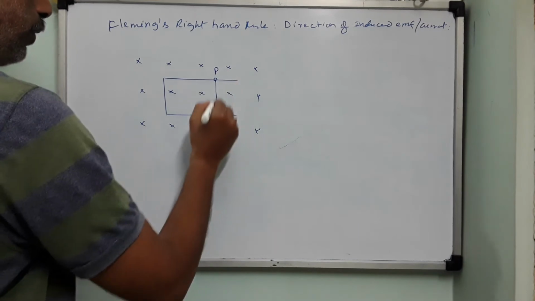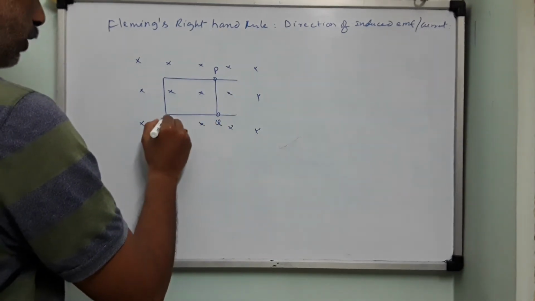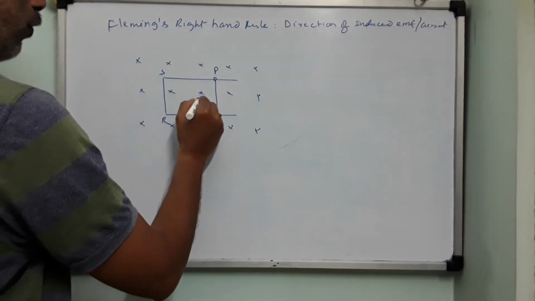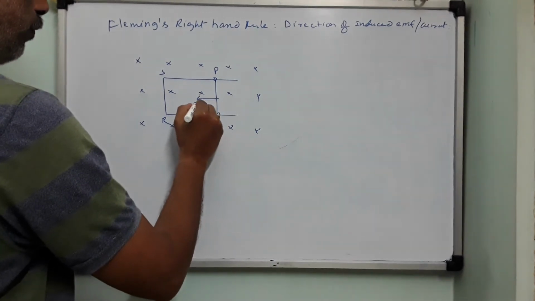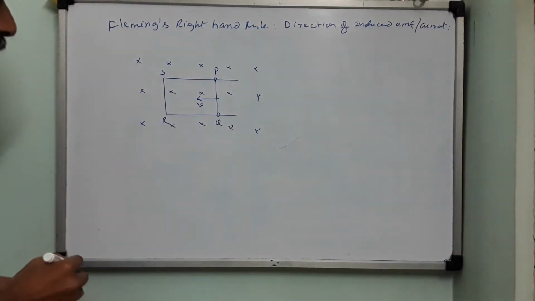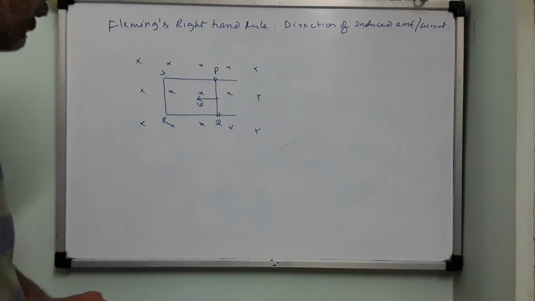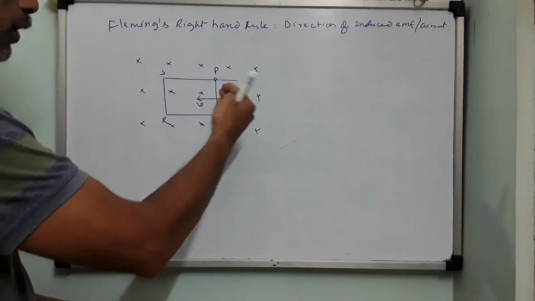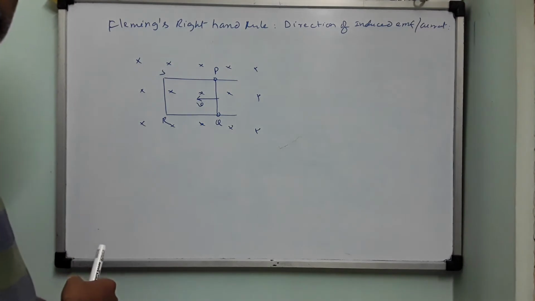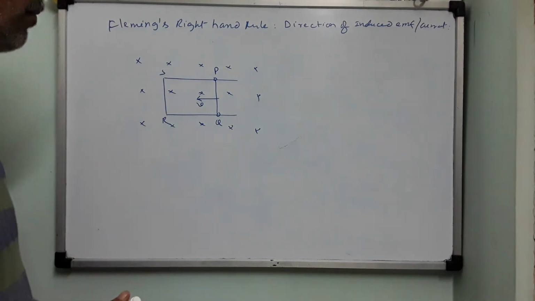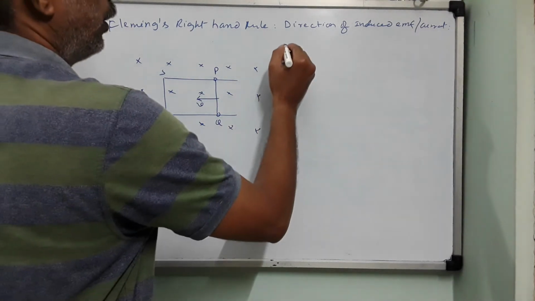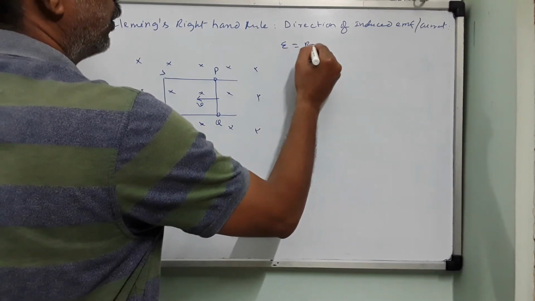We name it PQ, and this is RS, and we allowed this to move with the speed V. Now as it is moving, because of the change in flux, we said EMF is induced. The magnitude of induced EMF E equals BLV.